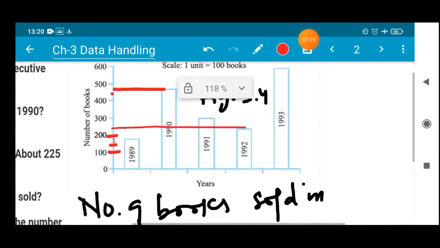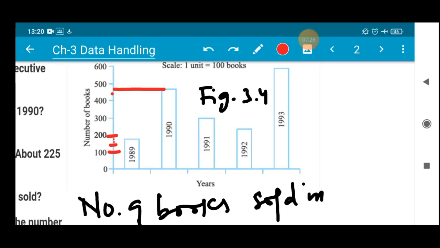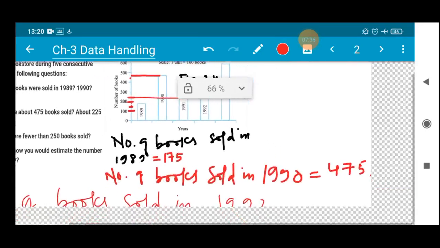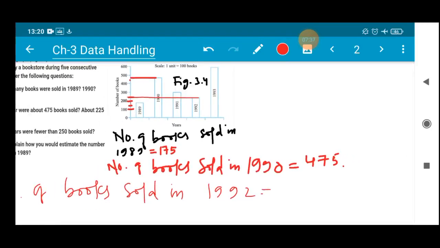So here it is in between 200 to 300. You can see here that it is less than 250. So if I draw a straight line, this must be around 220 or 225. So for 1992 it is 225 books, because it is in between 200 to 300. That is clear.